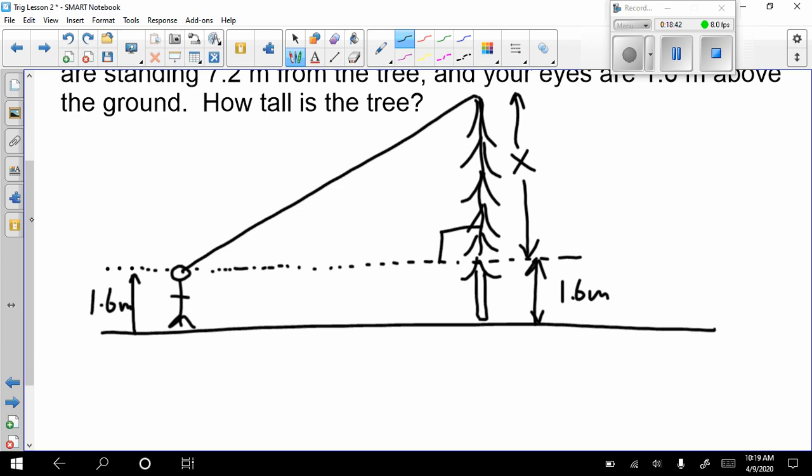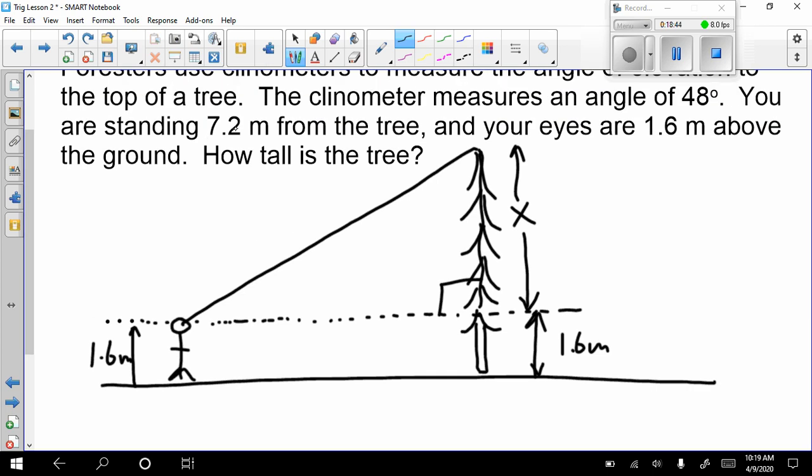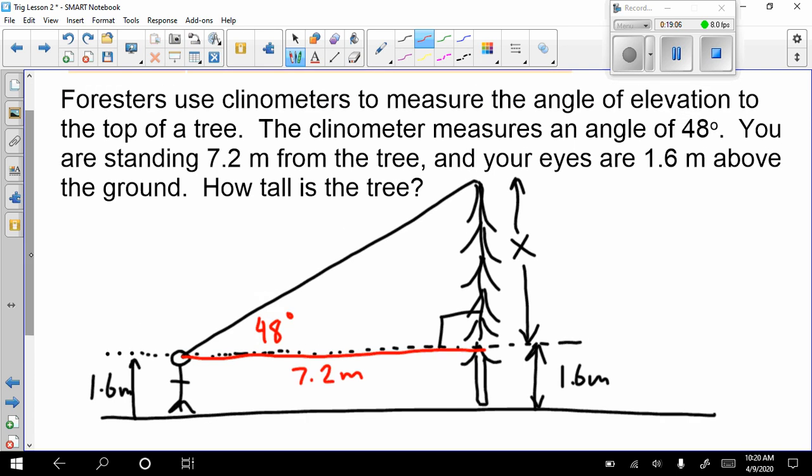Okay. But what else do I know is I know that I'm standing 7.2 meters from the tree. So really what I know is that this distance right here, the bottom of the triangle, is 7.2 meters. And I know that this angle right here is 48 degrees. It says it measures the angle of 48 degrees.